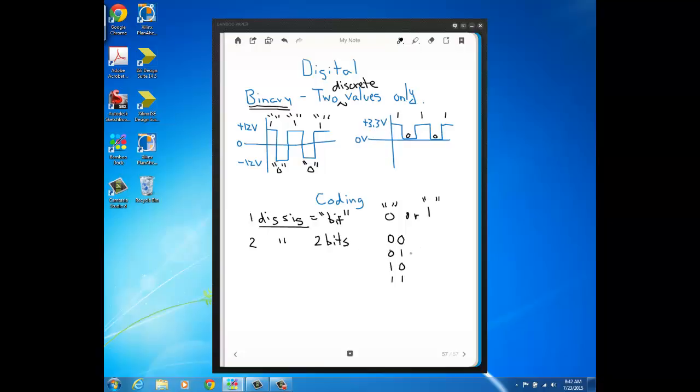So with 2 bits I actually could represent 4 values, okay? Where again, 1 bit I could only have a 0 or 1, so that's 2 values.